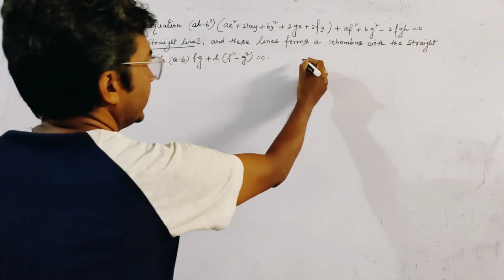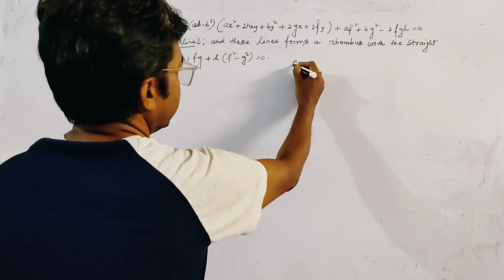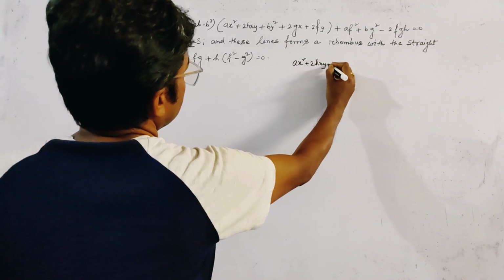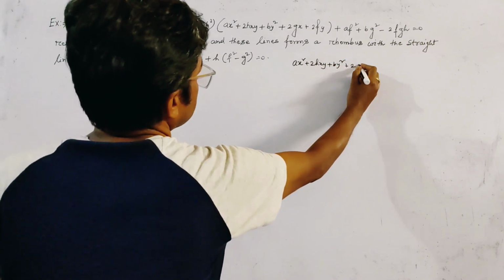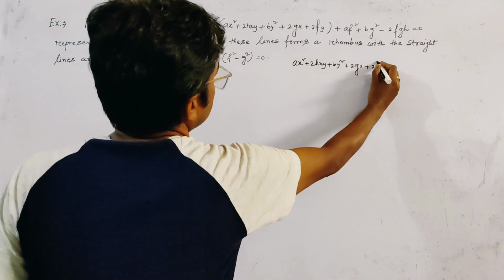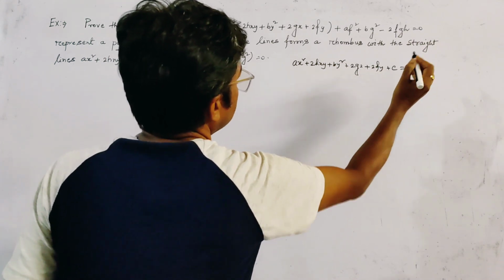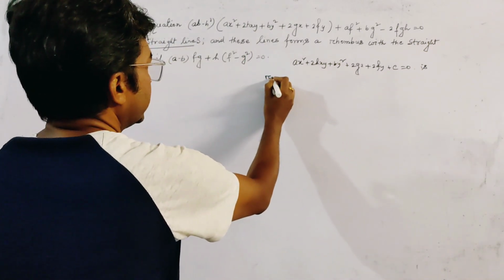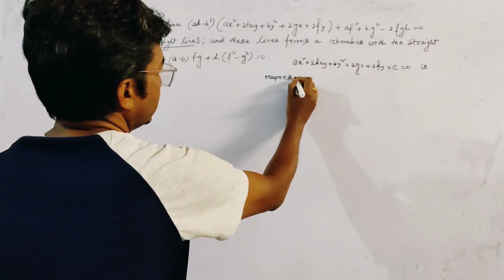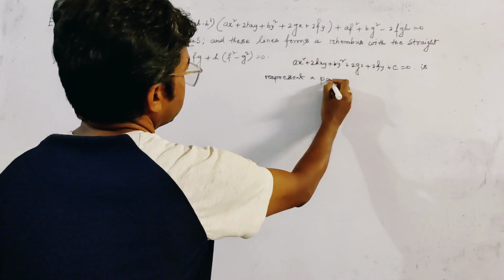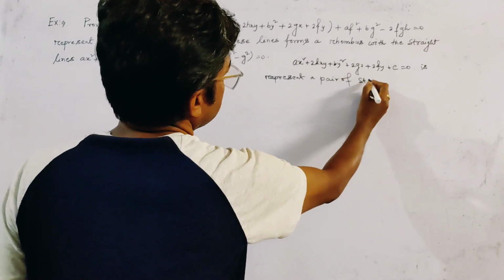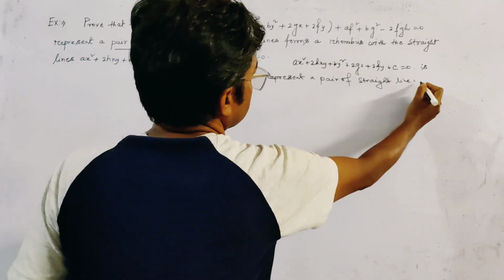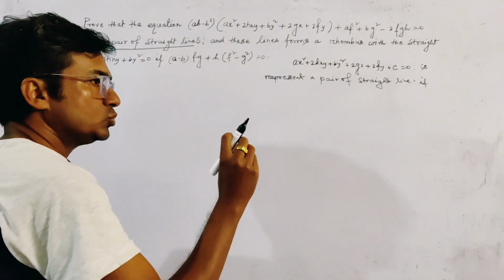We know that the general equation of second degree, that is ax² + 2hxy + by² + 2gx + 2fy + c = 0, represents a pair of straight lines if two conditions are required.